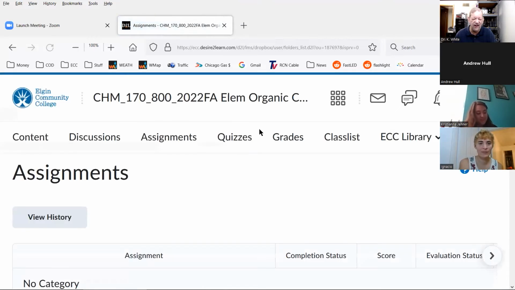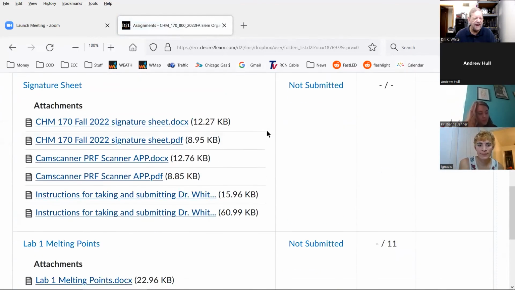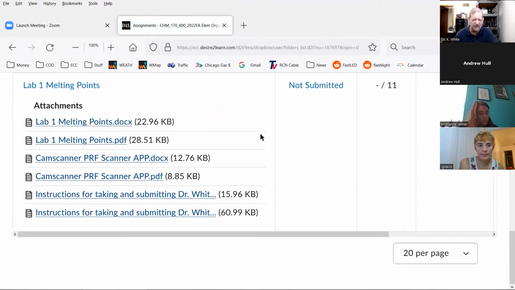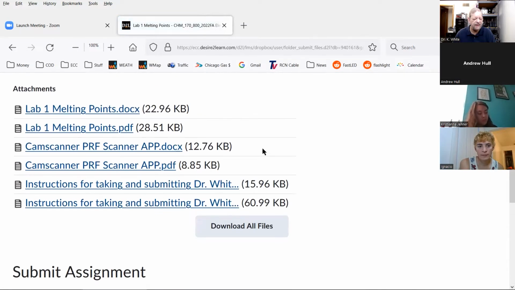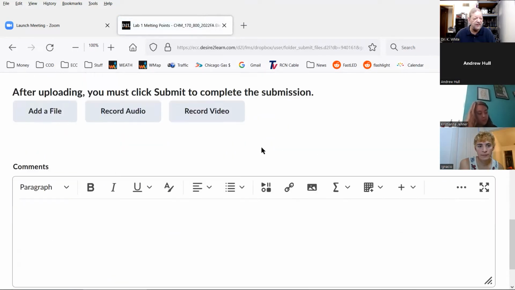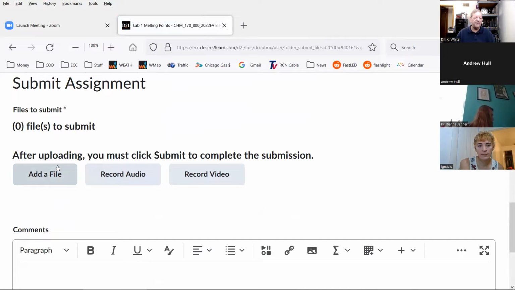All right, click on assignments and you'll see melting points. For me, no, I didn't submit it, but if you click on here, you'll notice there's a place that says submit assignment, and you'll add a file.